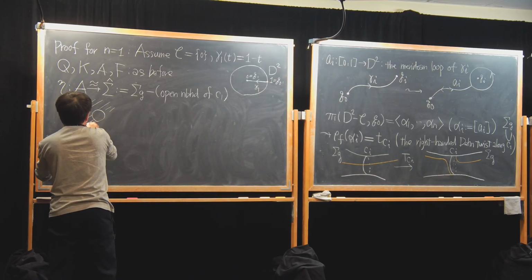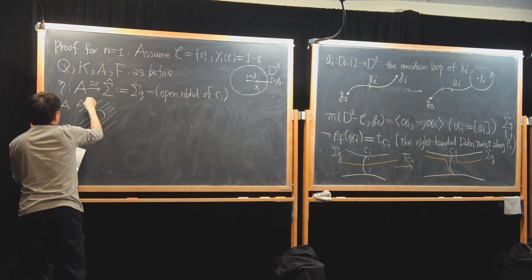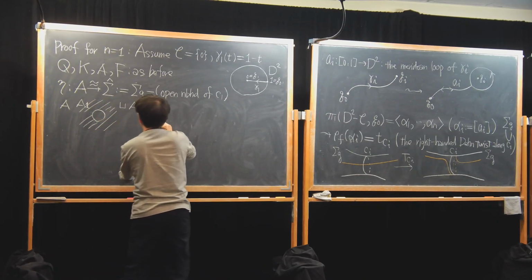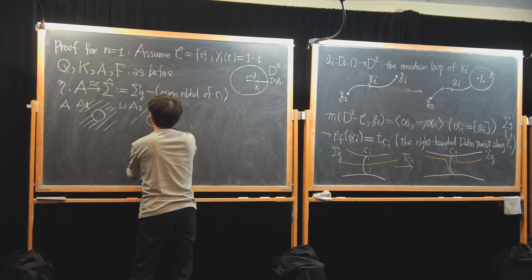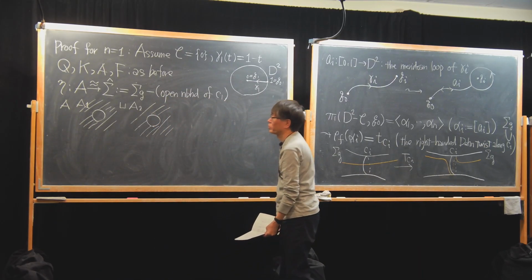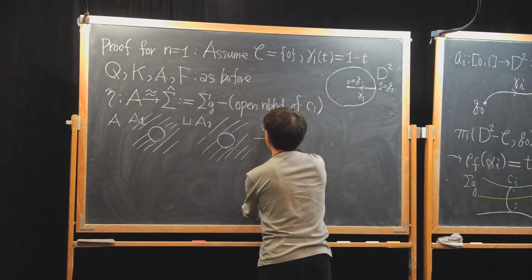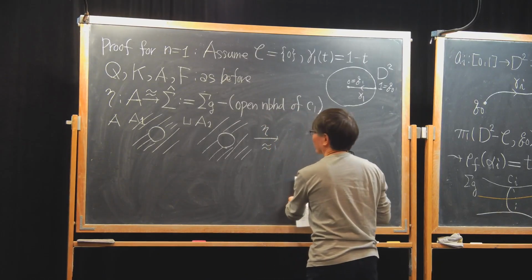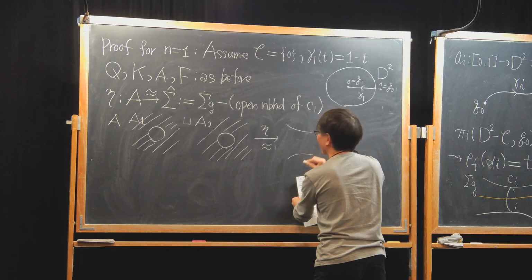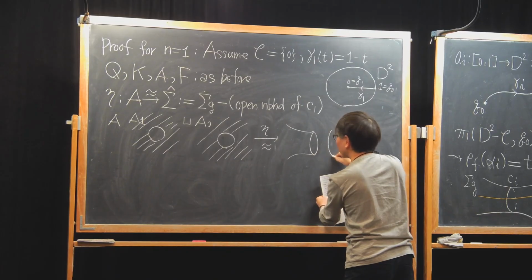Okay, so I draw a figure. A is a disjoint union of A1 and A2. And both A1 and A2 are C minus open disks. And eta is a diffeomorphism between this object and a collar neighborhood of the boundary of sigma hat.